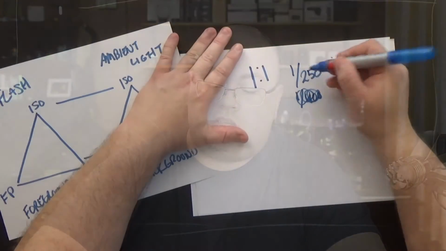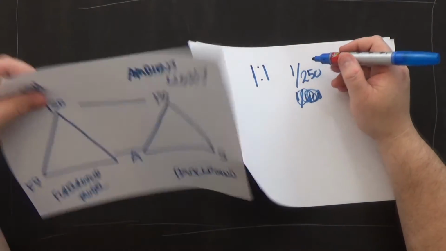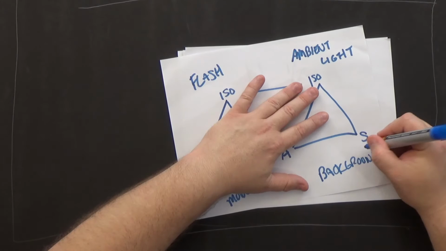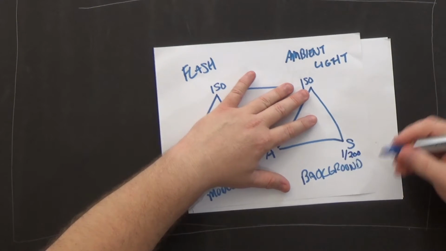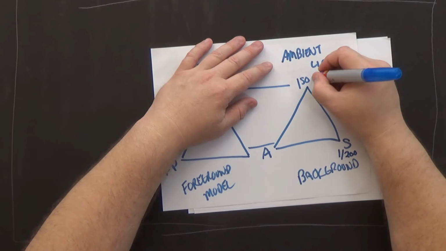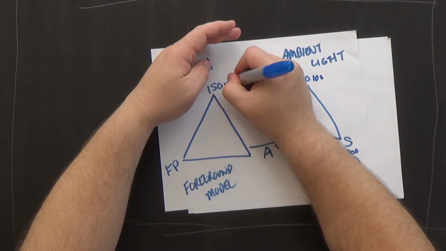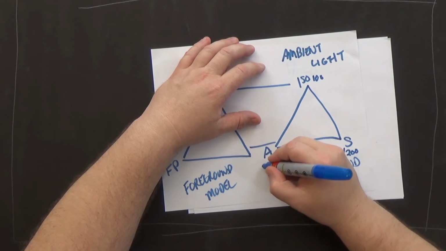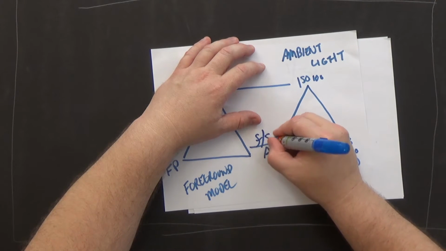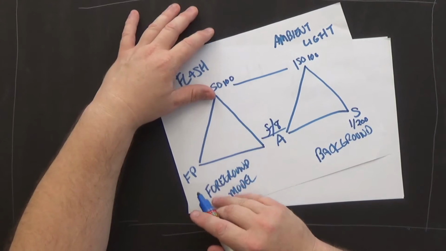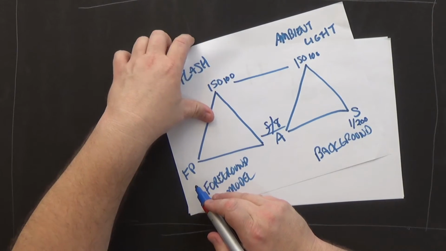So if our shutter speed is at our normal, most widely used 1/200th second, our ISO is at 100, and our aperture is at say f8, and our flash power is at 1:1, it's still quicker than our shutter speed.